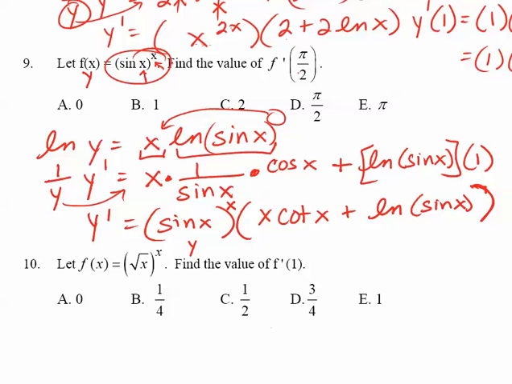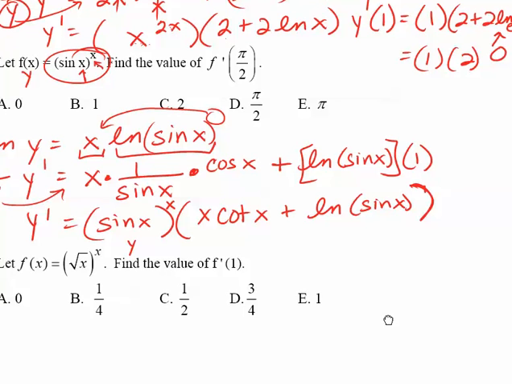And now we're going to evaluate this at pi over 2. So we want to put pi over 2 in. The sine of pi over 2 is 1. So y prime at pi over 2. The sine of pi over 2 is 1. To any power would still be 1. So 1 to the pi over 2 power is still 1.